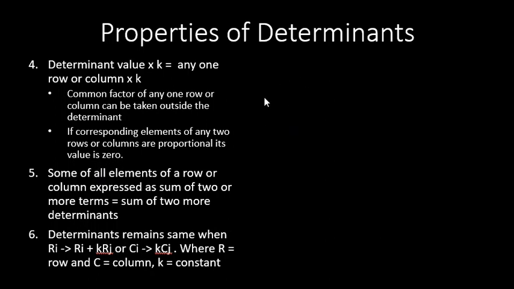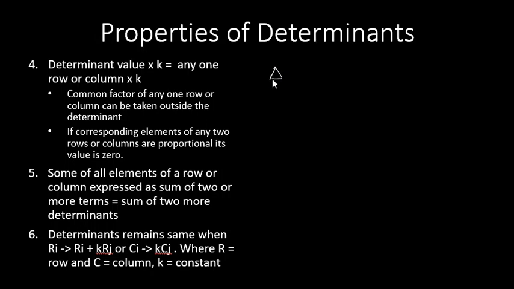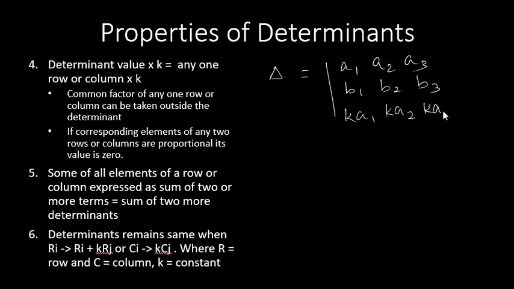Next, if corresponding elements of any two rows or columns are proportional, its value is 0. Let us consider the determinant with elements A1, A2, A3, B1, B2, B3, kA1, kA2, kA3. If k is taken outside the determinant, what will happen?